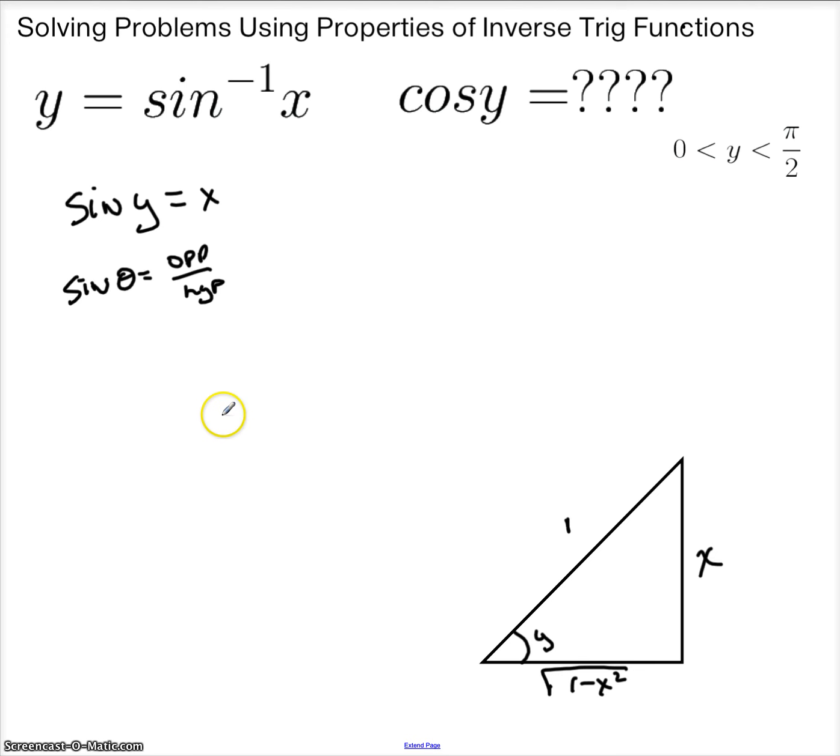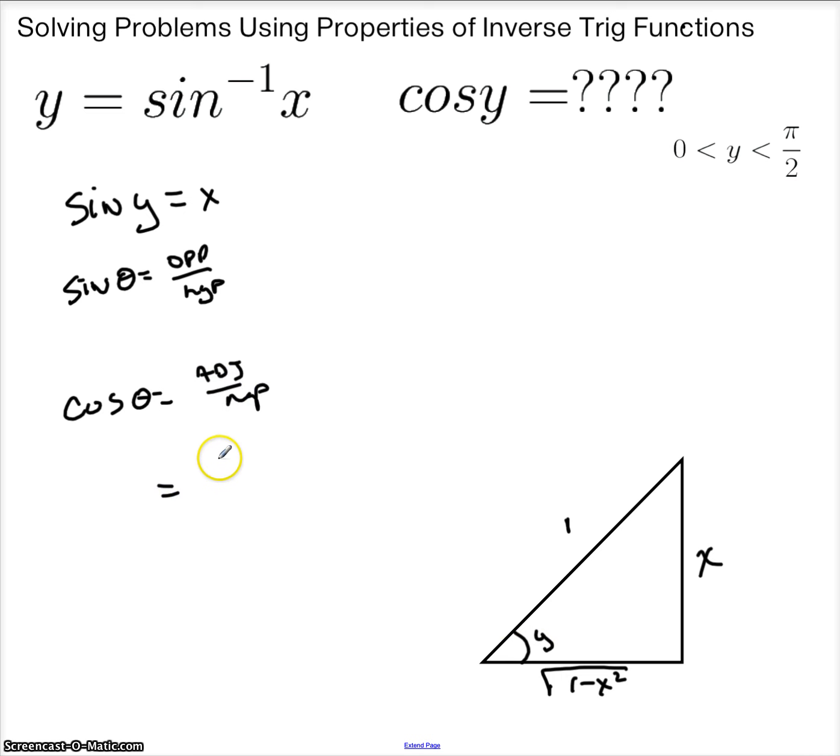Now it's just a matter of finding out what is cosine of y. Well, cosine of an angle, and I'm using theta instead of y because I think the y is a little confusing. Cosine of theta is adjacent over hypotenuse.